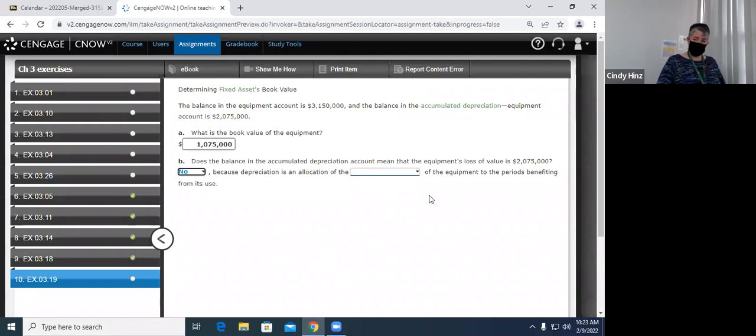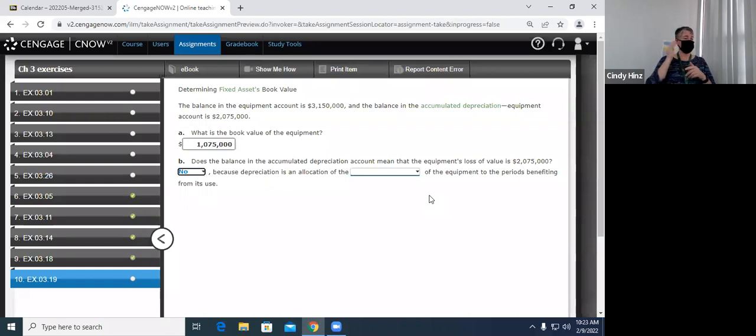And I already mentioned in chapter 9, we're going to learn one straight line plus 2 more ways of calculating depreciation. In each one of the 3 methods, then, you would have different calculations for the depreciation expense. In total, over the life of the asset, it will be the same. But how we divvy it up across, again, back to my example, in 10 years, we knew we had to report $82,000 in depreciation.